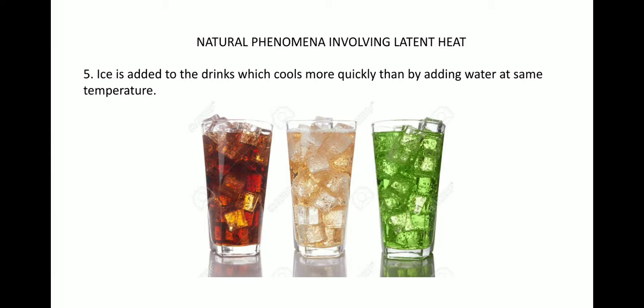But when water at 0 degrees Celsius is added, it cannot absorb that heat energy of 336 joules, because the latent heat of ice is 336 joules in order to melt. So ice will absorb that heat from the drink, and it will make the drink cooler.